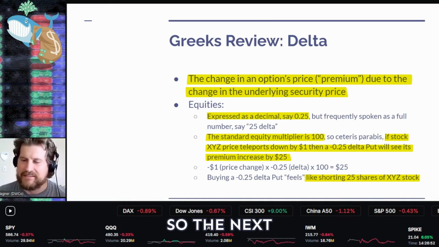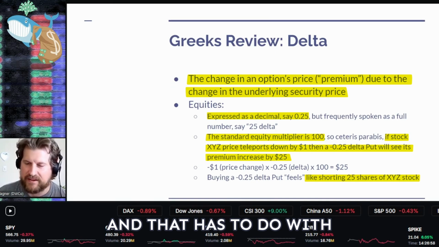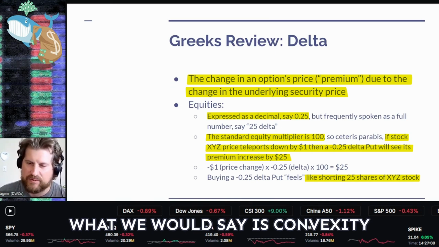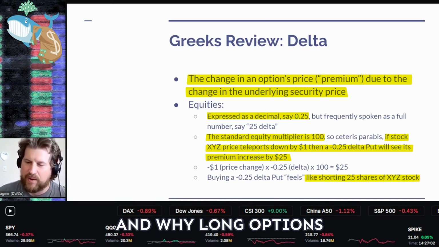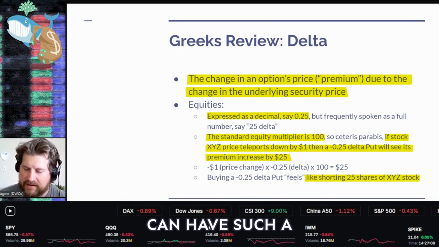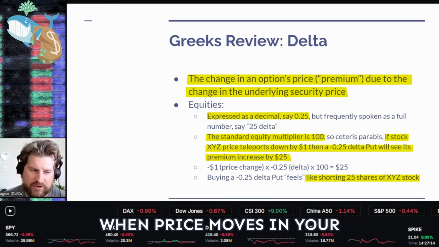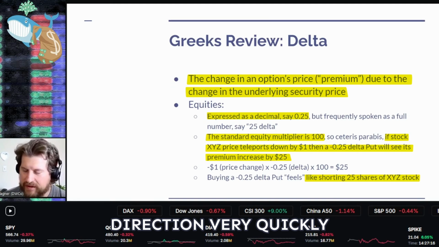So the next dollar move in your direction is going to be even larger. And that has to do with what we would say is convexity, and why long options, long calls, and long puts can have such a handsome reward profile when price moves in your direction very quickly.